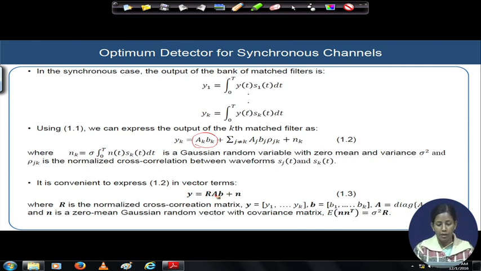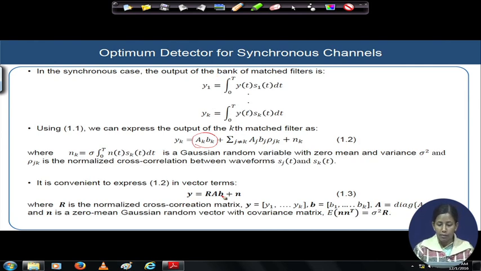So this expression 1.2 can, in the easiest way, be written in vector form as y = R A b + n, where each quantity can be described like this. Capital R is the normalized cross correlation matrix. Bold y is the combination of the values y1 to yK.